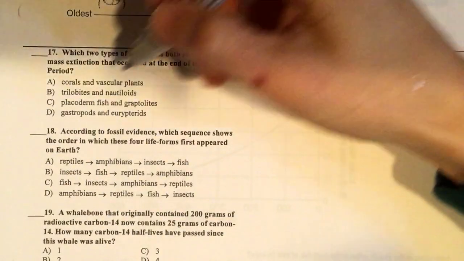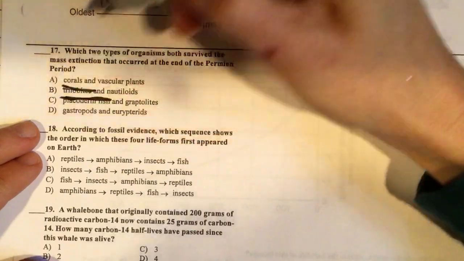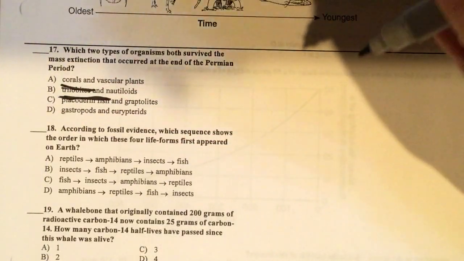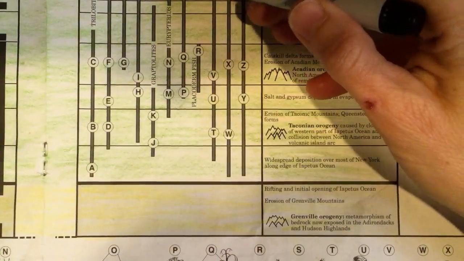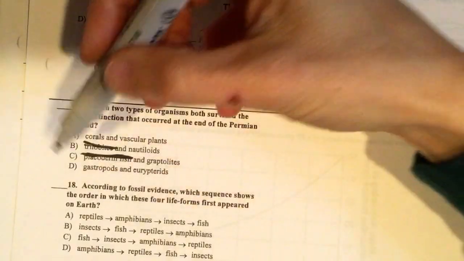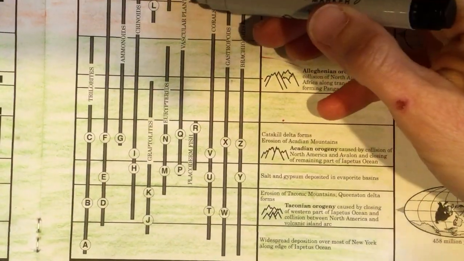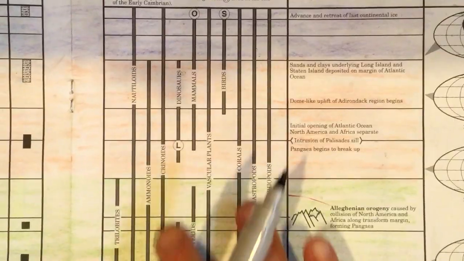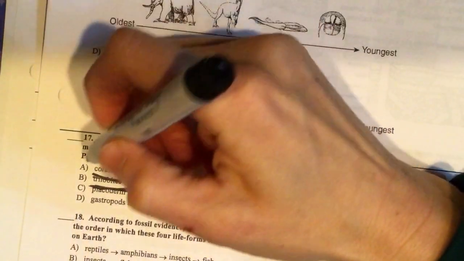So anything that has placoderm fish or trilobites didn't survive. The other thing that went extinct were Eurypterids, so I know that's not the case. But vascular plants and corals, their bars continue up the reference table. So that would be your answer.